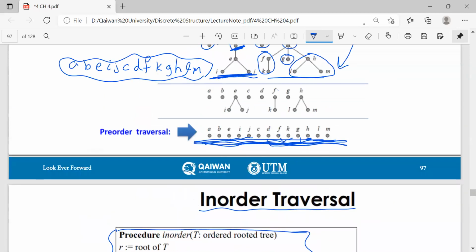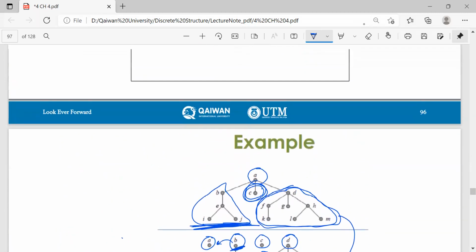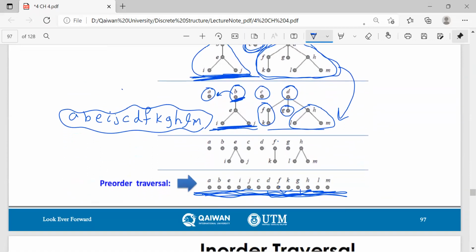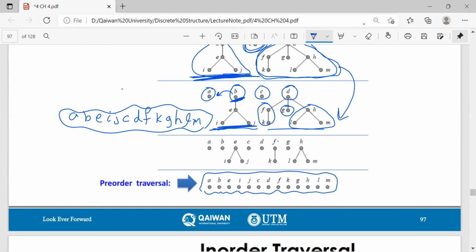Look, this is the same tree as the previous example. In the previous example, you found the pre-order traversal. This is the order of the vertices. In pre-order, in order, and post-order traversals, we just order the vertices.